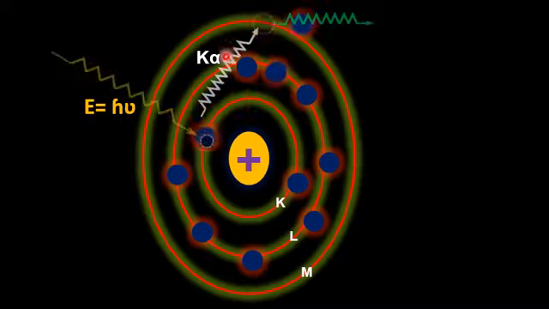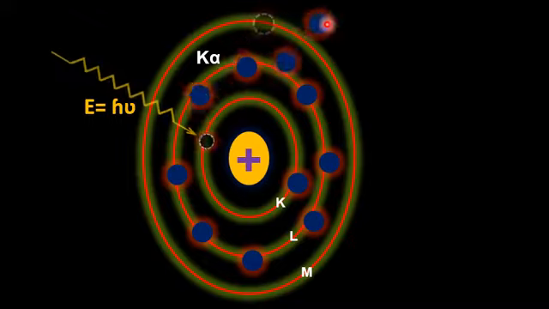And this emitted K alpha X-ray will eject an electron due to a process of emission. This ejected electron is known as an Auger electron.